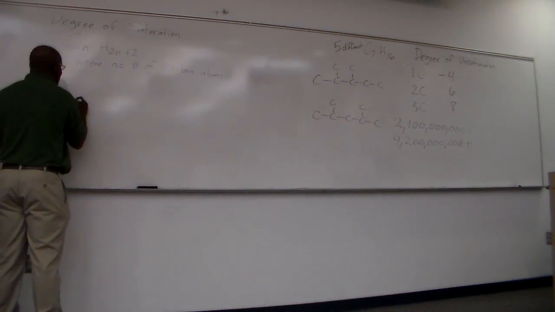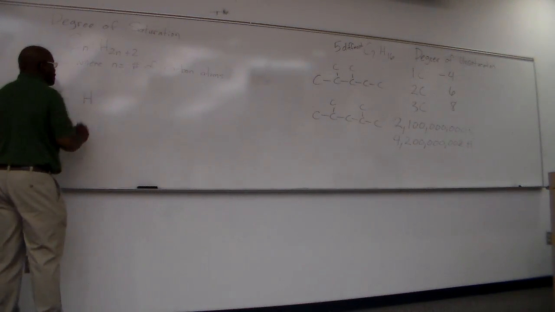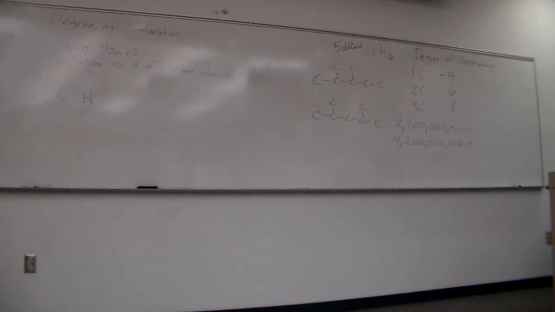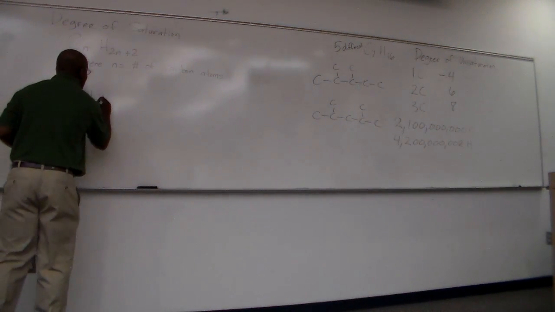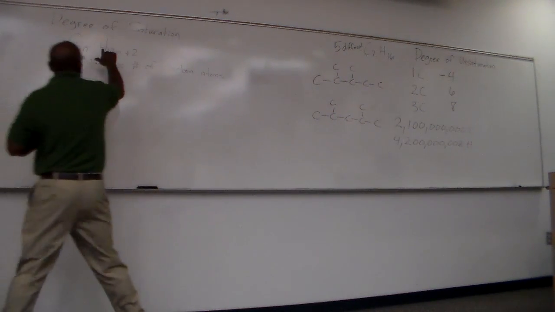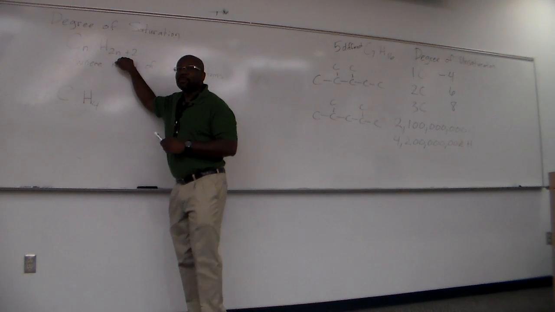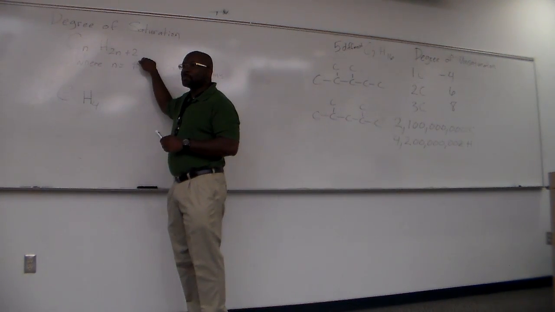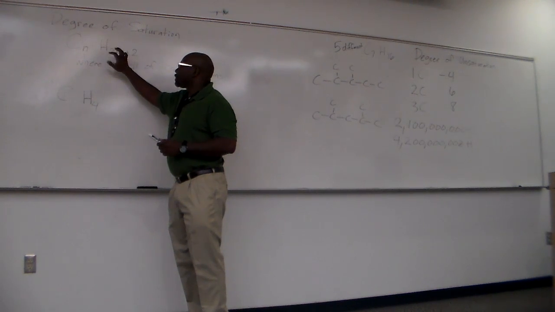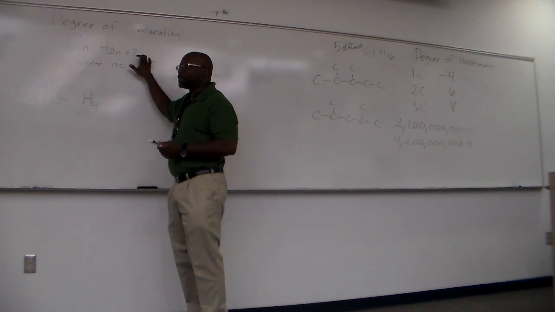So I get C1, H, what's 2 times 1? 2, plus 2 is 4, so it will be CH4: 1 carbon atom, 4 hydrogens. If I had 2 carbon atoms with the maximum hydrogens, I would put 2 times 2 is 4, plus 2 is 6.